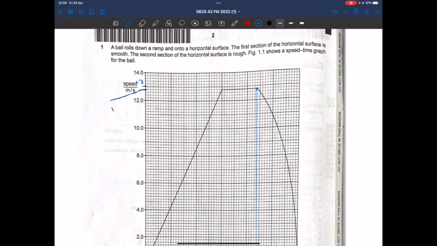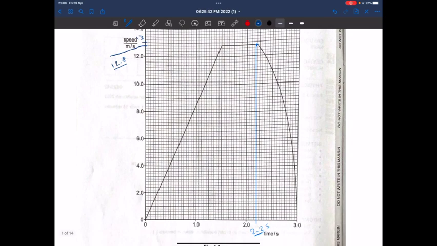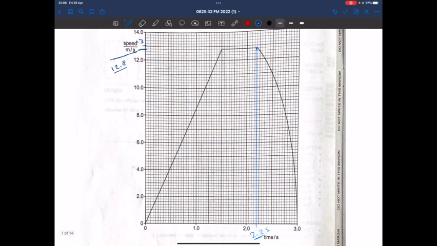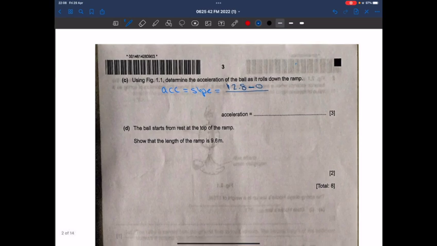So I'm going to write here 12.8. And when you go down with that section here, the time is 1.5 seconds. So I could write change in y divided by change in x, equal to change in y, which is 12.8 minus 0, divided by change in x, which is 1.5 minus 0.